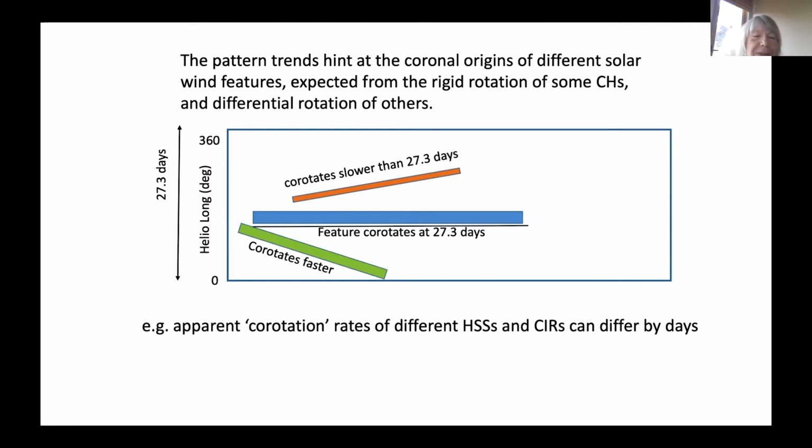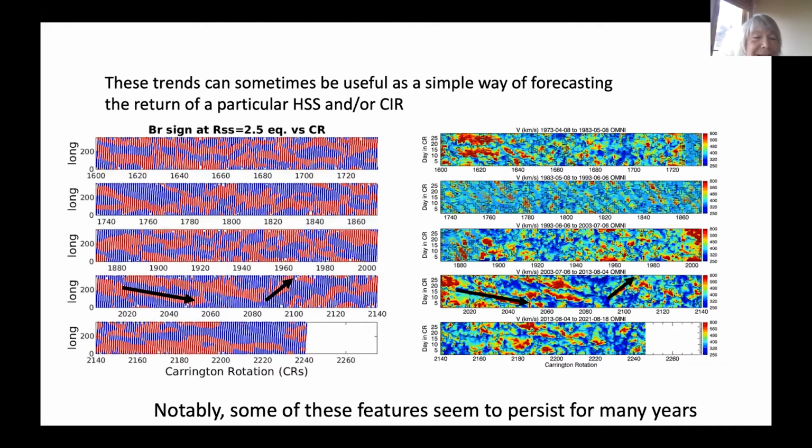The next slide shows this a little more graphically. So this is a reflection of how the high-speed streams are forming and evolving with time. And the other point to be noted here is that those high-speed streams far outlive any single coronal hole lifetime.